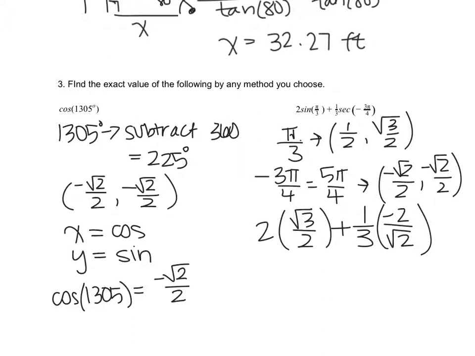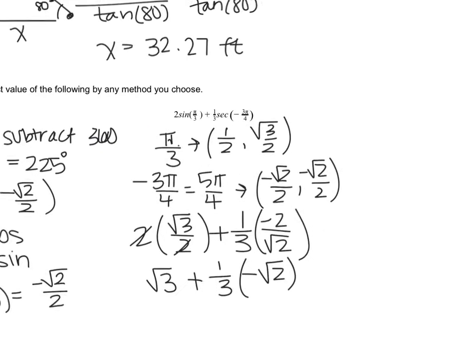Now we're just going to work on simplifying. So 2 times radical 3 over 2, the 2's are going to cancel, so we'll end up with radical 3 plus negative 2 over radical 2. I'm going to go ahead and rationalize it, which is the same thing as negative radical 2.